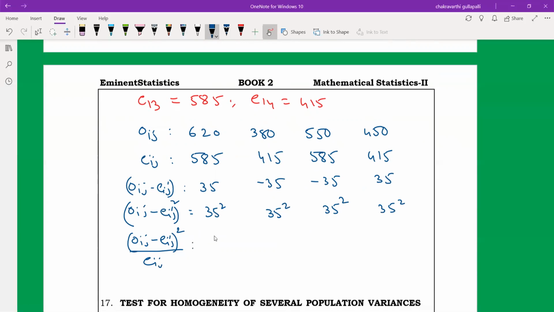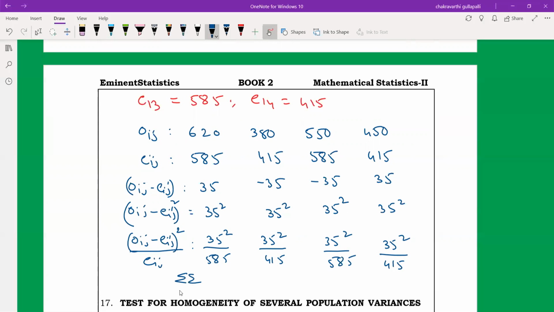This is a very important problem from the Hyderabad University examination point of view. 35 square by 585, 35 square by 415, 35 square by 585, 35 square by 450.